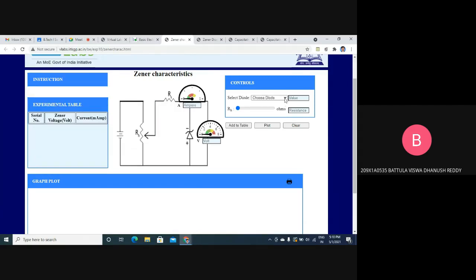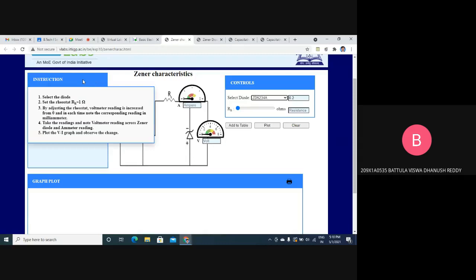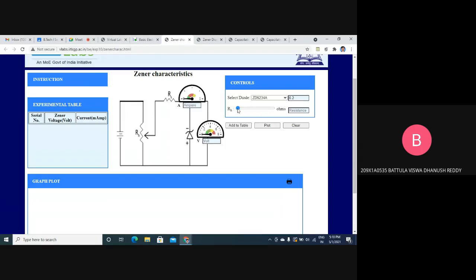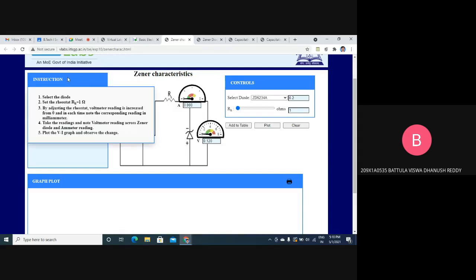Select the diode here, any one diode. Here Zener diode. ZD means Zener diode. So set the rheostat RF equal to 1 ohm. By adjusting the rheostat, the voltmeter reading is increased each time.